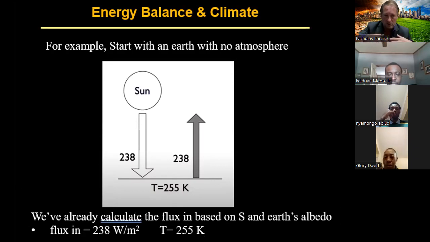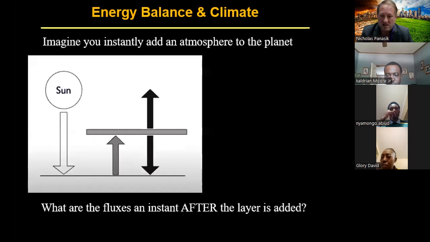And now our topic is transient warming, okay? So we've talked about the equilibrium condition. And so now we're going to discuss what happens before you reach equilibrium, okay? And so what we said is, imagine you instantly add an atmosphere to the planet.